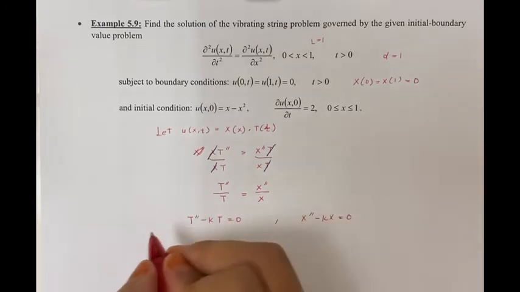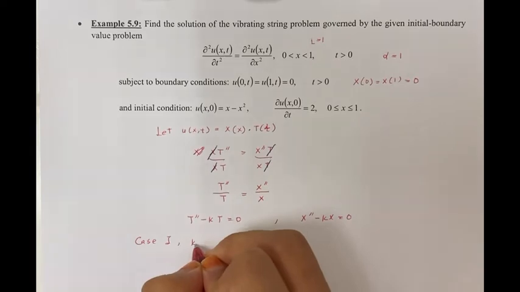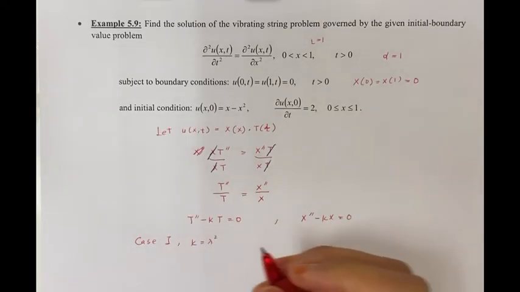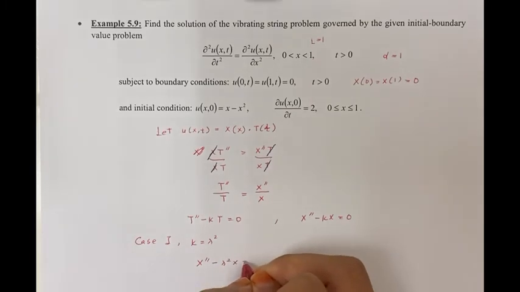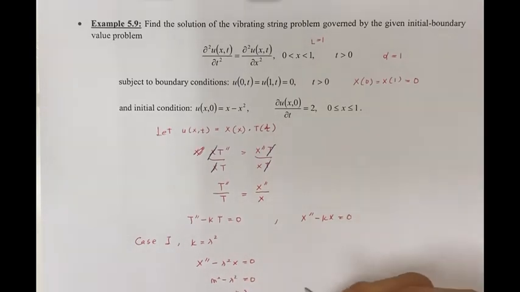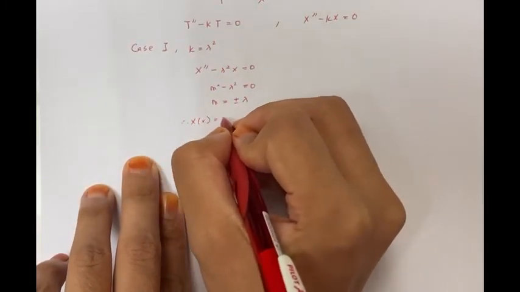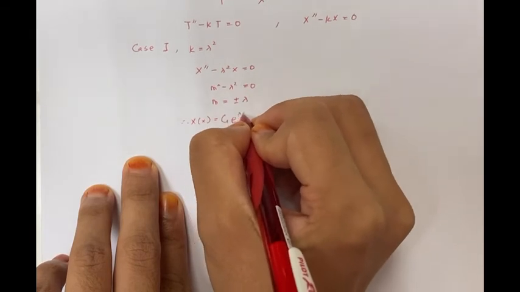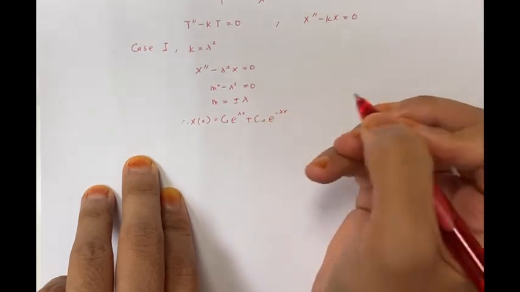Okay, for the first case, case 1, when k equals lambda squared, so X double prime minus lambda squared X is equal to 0, m squared minus lambda squared equals 0. m is equal to plus minus lambda. So X is equal to C1 exponent positive lambda x plus C2 exponent negative lambda x.